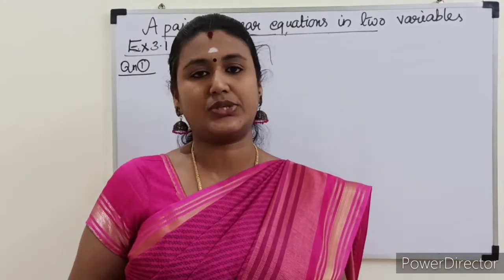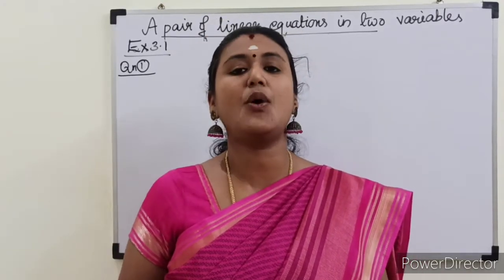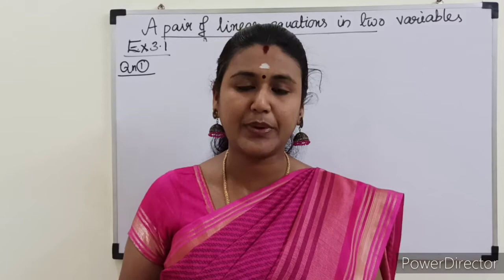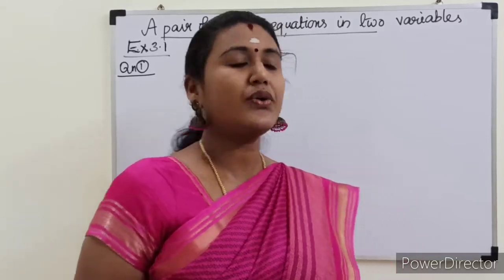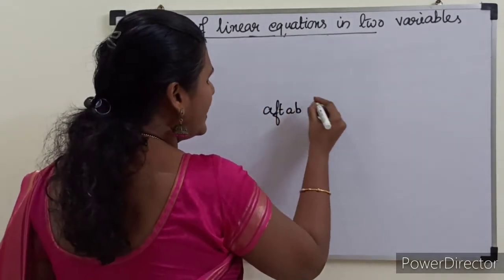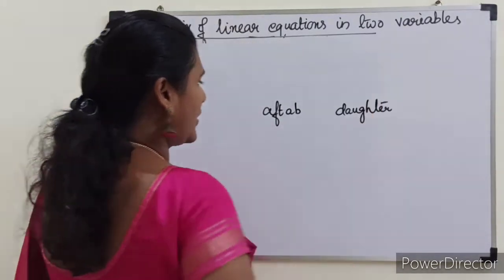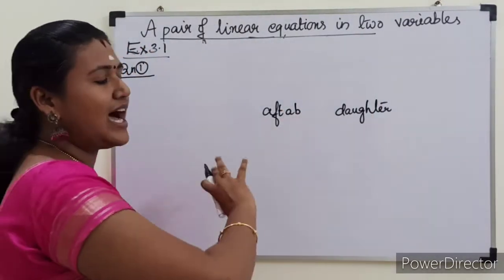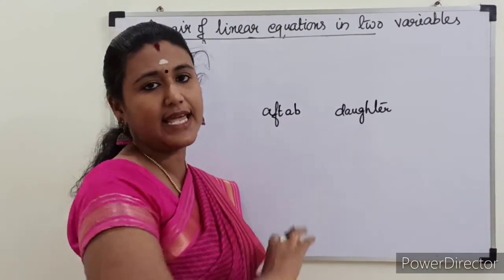So here we are given a situation, and we have to represent it both algebraically and graphically. We have two persons, Aftab and his daughter, and a relation between their ages.